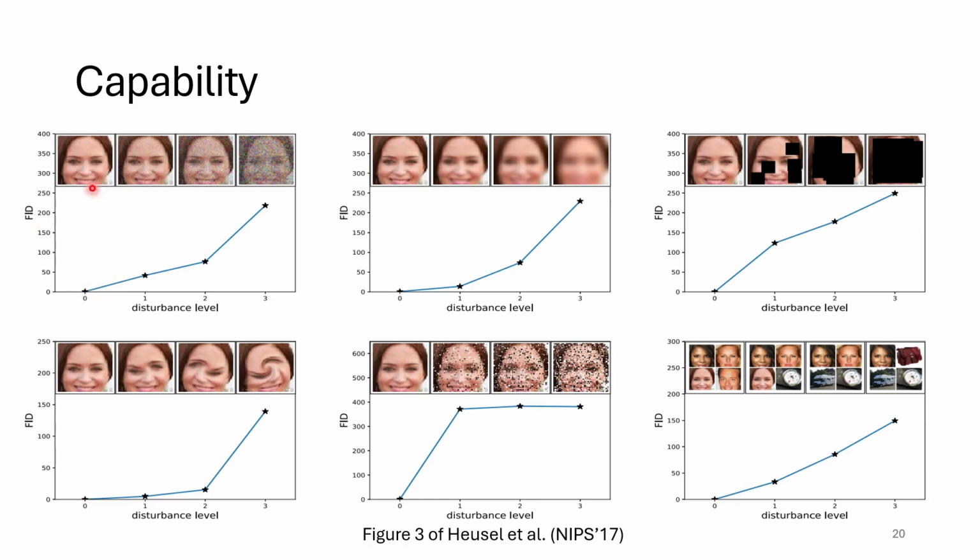So the ideal case, the two sets of images are totally the same because there's no noise. Then the FID value is 0. And with the increased noise, the FID value gradually increases. And this is the second distortion. This means blur.